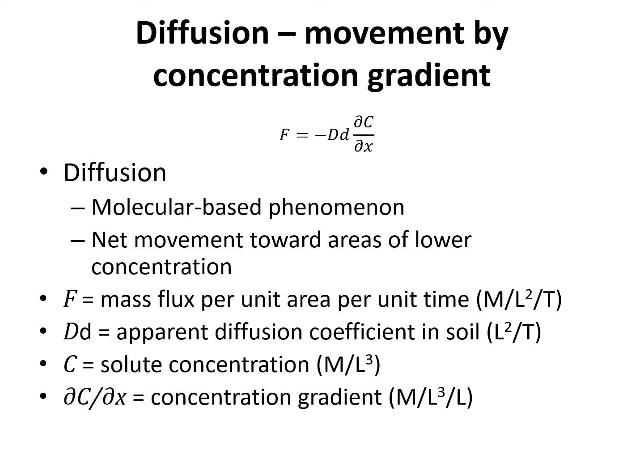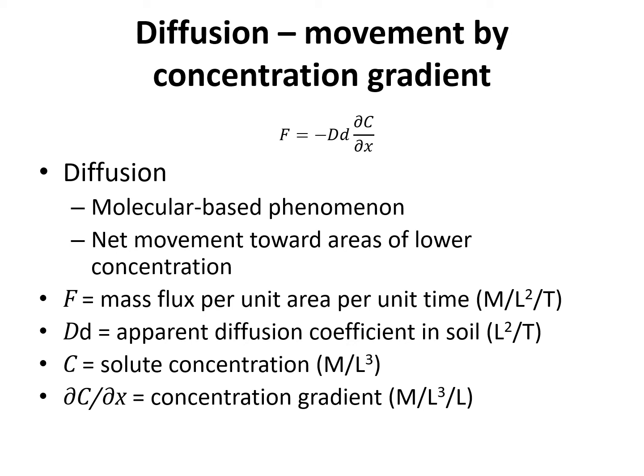Earlier we worked out mass flux when the movement was advective. Now we are finding the mass flux when we have only diffusion. Diffusion only considers the concentration gradient as the driver of movement. It is a molecular-based phenomenon with net movement towards areas of lower concentration. This is the mass flux per unit area per unit time.